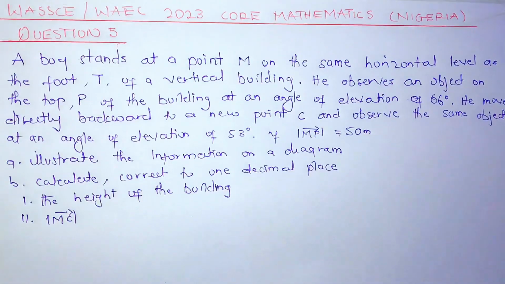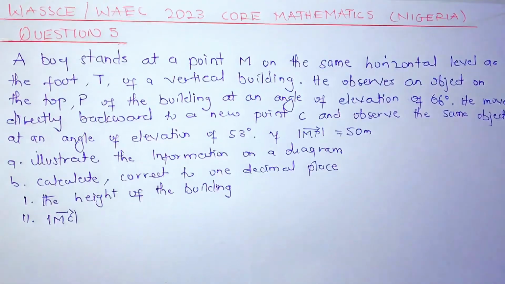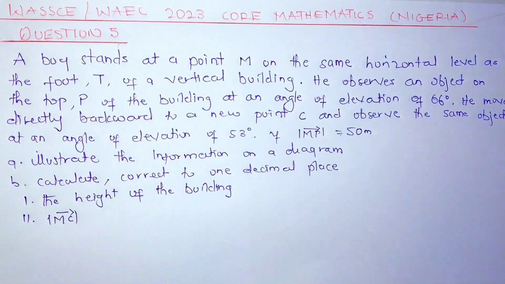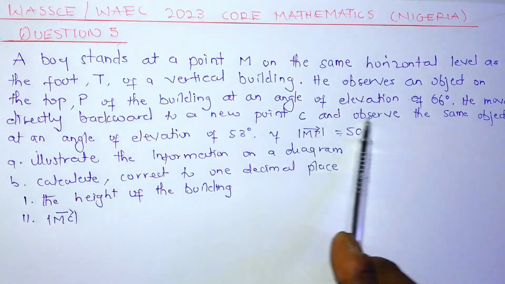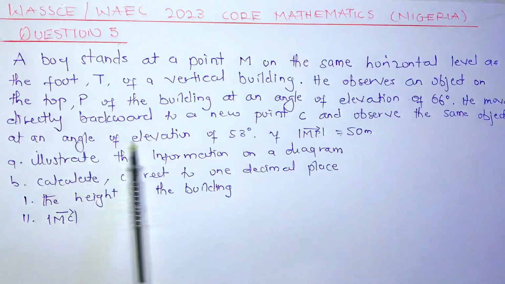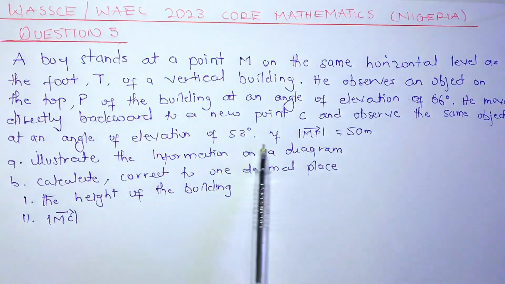So question 5. A boy stands at a point M on the same horizontal level as the foot T of a vertical building. He observes an object on the top P of the building at an angle of elevation of 66 degrees. He moves directly backward to a new point C and observes the same object at an angle of elevation of 53.